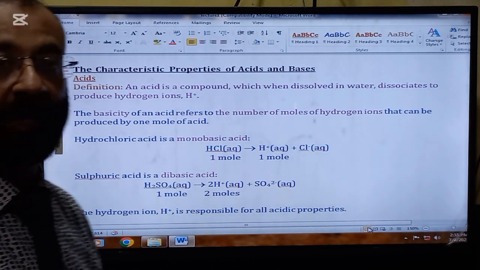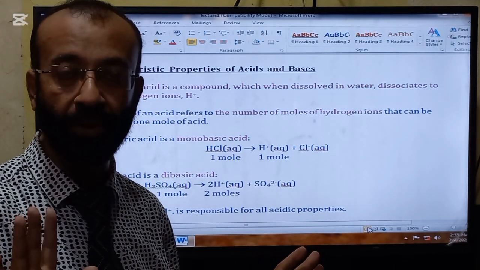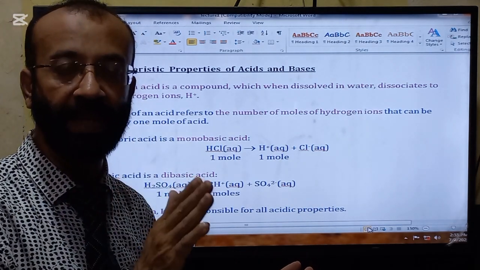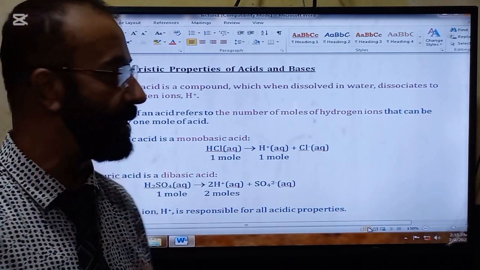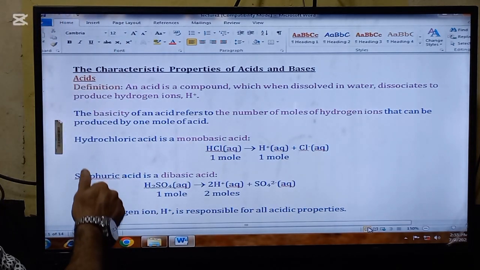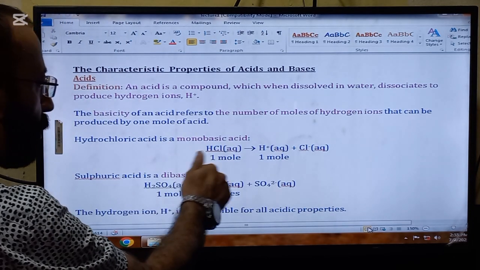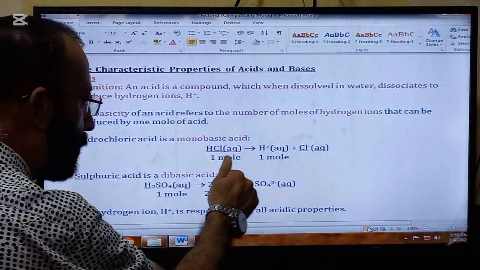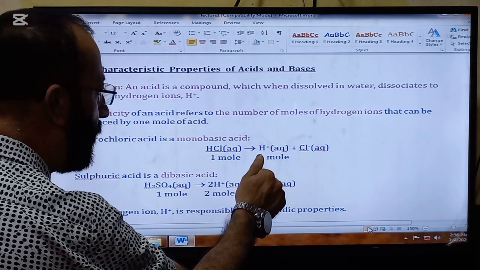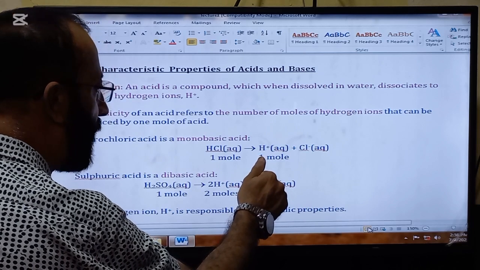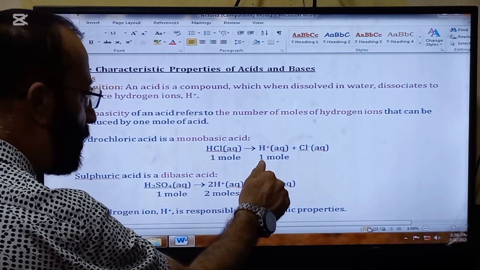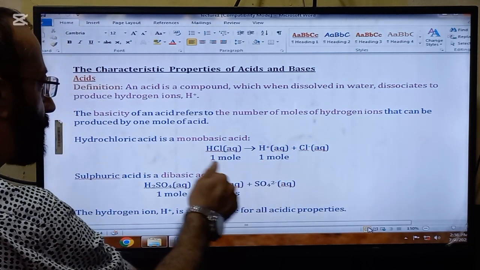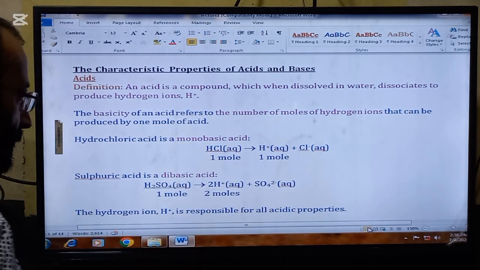So whatever the number of the H plus ions that will be produced, that will be equal to the basicity of an acid. So hydrochloric acid is monobasic because when it is dissolved in water, it produces 1 H plus ion. So that's why this is called monobasic.